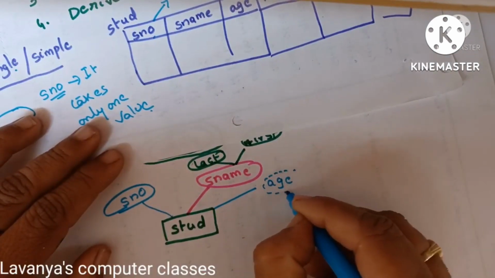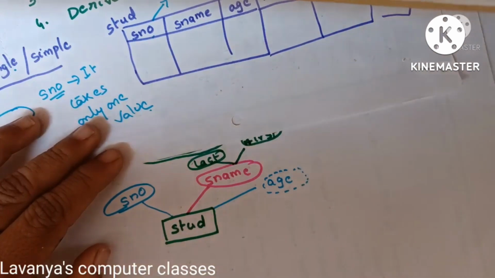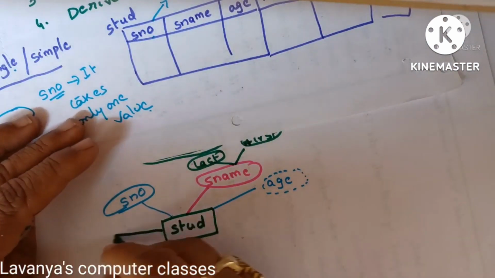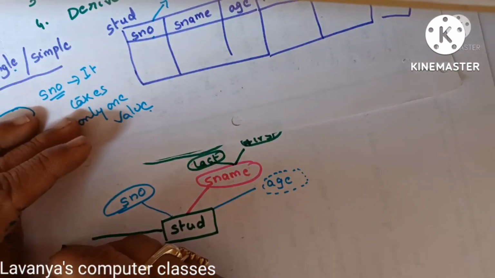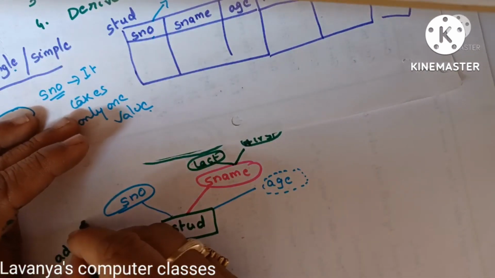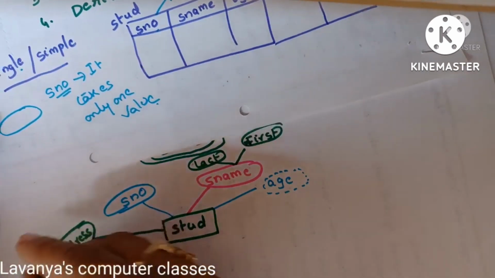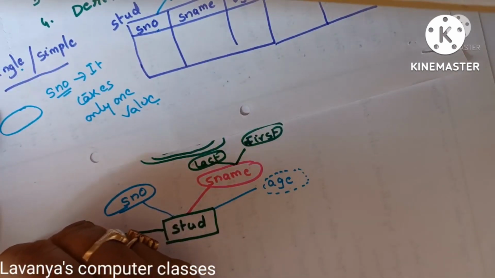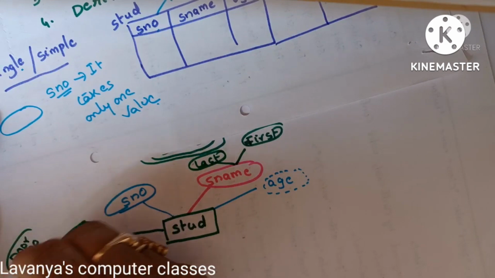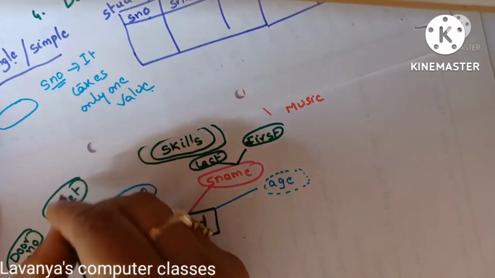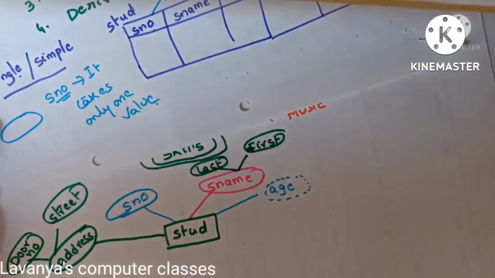Age is a derived attribute. The derived attribute symbol is the dotted ellipse. Next attribute is address. Address is also a composite attribute because it is possible to divide it into many parts like door number, street, city, etc.